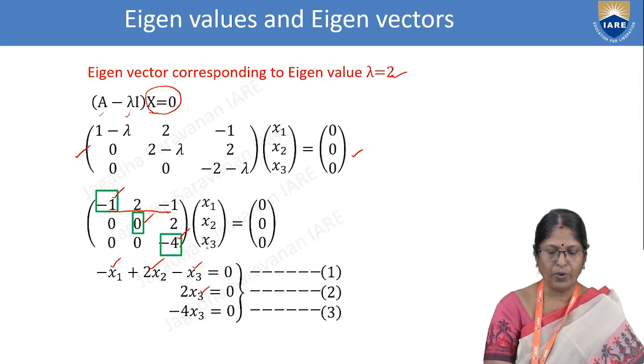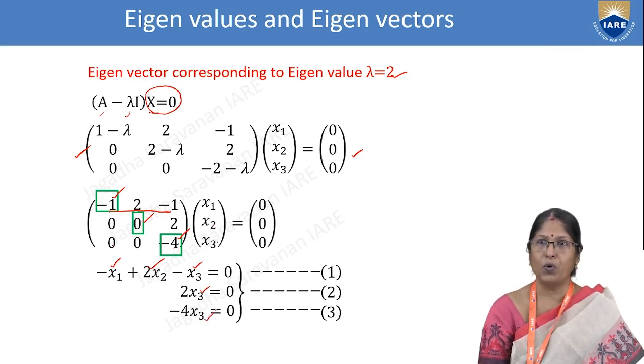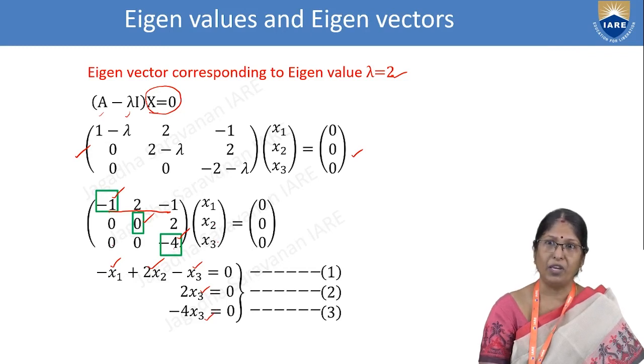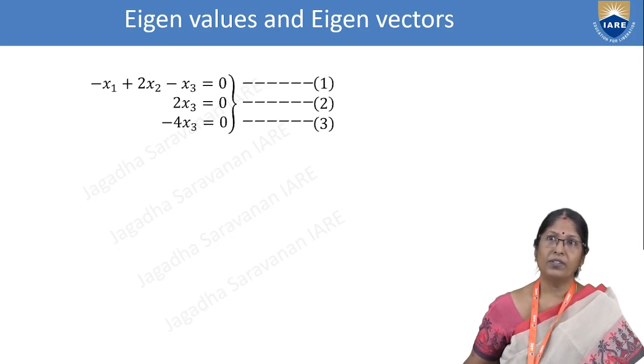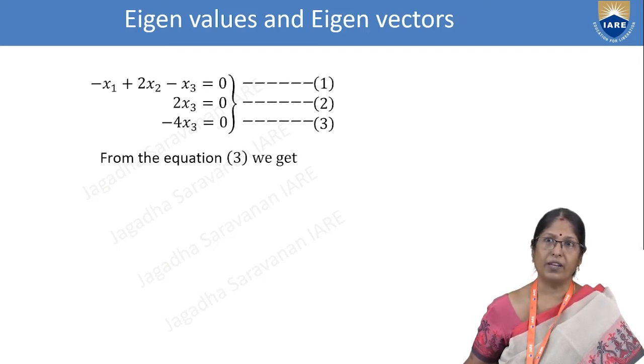So 2 into x3, 2x3. The last one also, 0, 0. First two elements are 0. The last one is -4 into x3. So -4 x3 equal to 0. We got 3 equations.